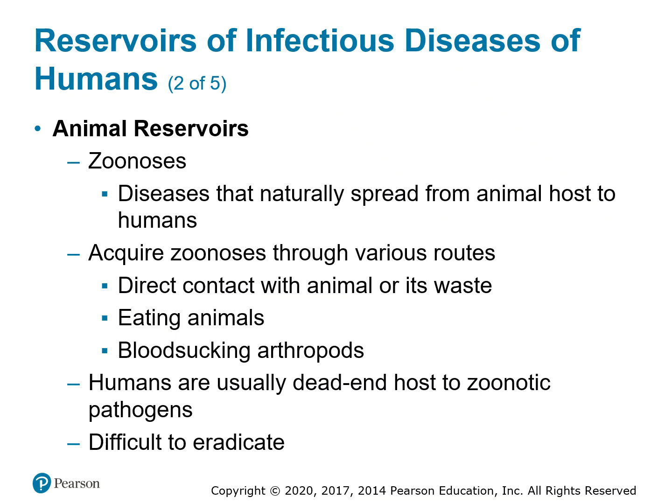Humans are usually the dead-end host for zoonotic pathogens, and they are difficult to eradicate. So these are always coming up. They're fascinating, scary, but fascinating. There is an entire branch of the CDC that does nothing but study emerging diseases, and almost always they're coming out of an animal reservoir.